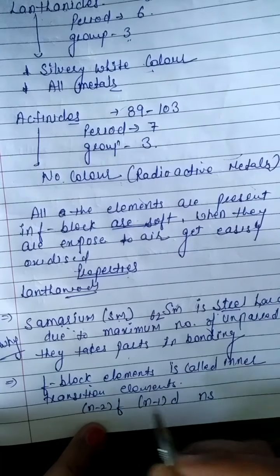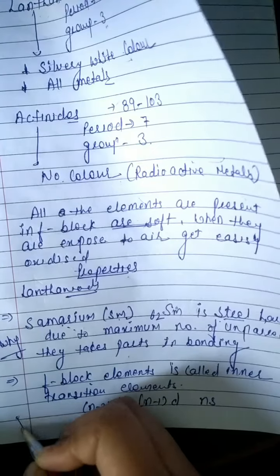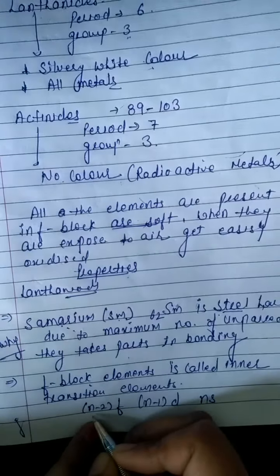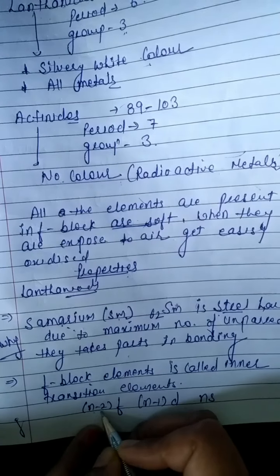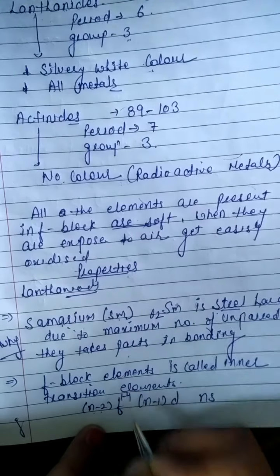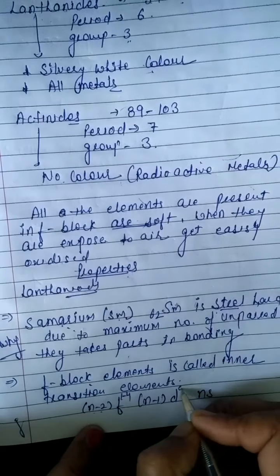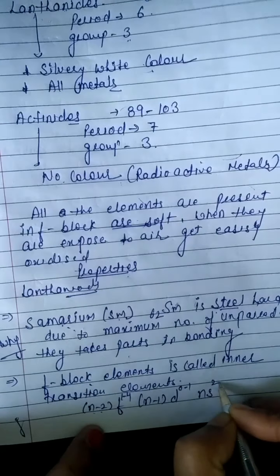Firstly, if we know the general electron configuration, then the general electron configuration of F block elements is (n-2)f 1 to 14, (n-1)d 0 to 1, and ns2.